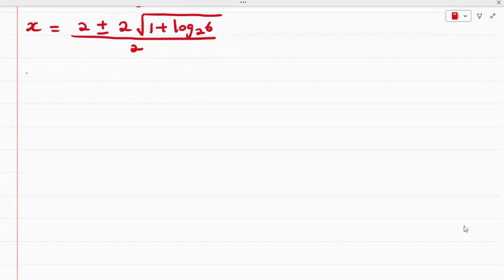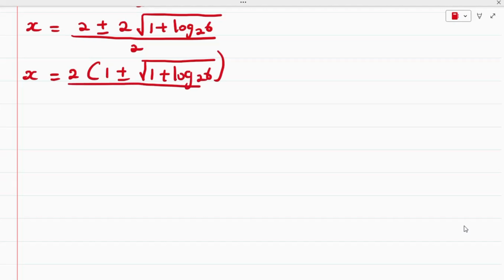At this point, we factor out 2 from the numerator, so we have 1 plus or minus the square root of 1 plus log 6 base 2, divided by 2. This cancels out, so x equals 1 plus or minus the square root of 1 plus log 6 base 2.